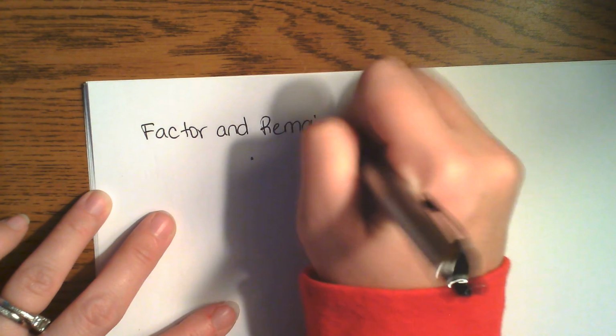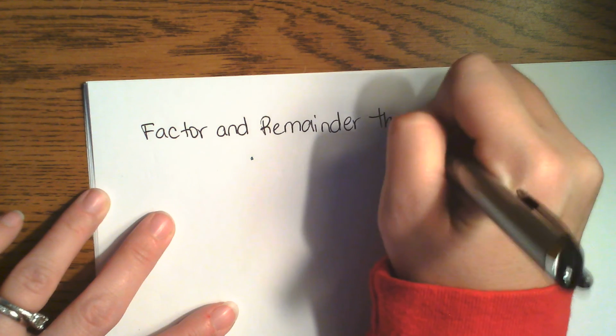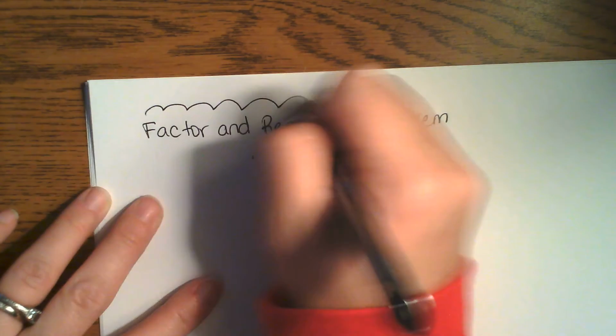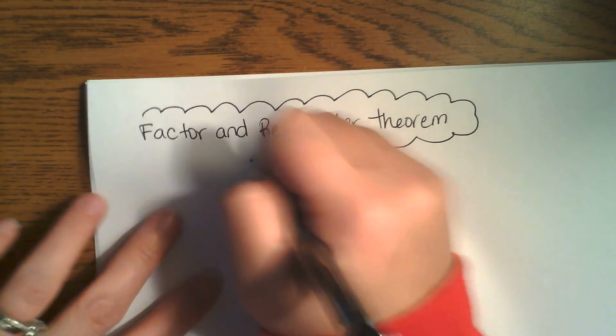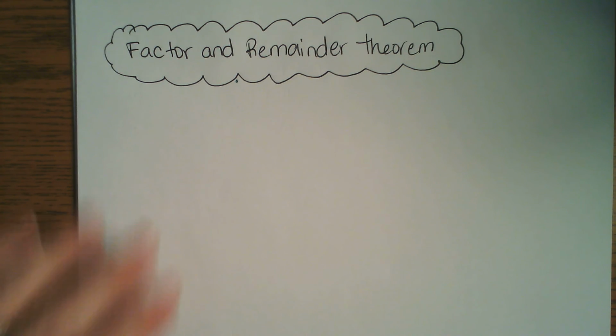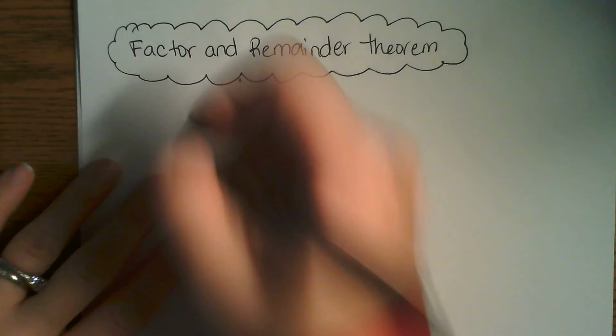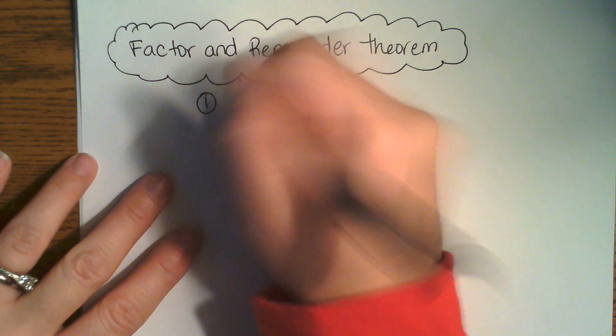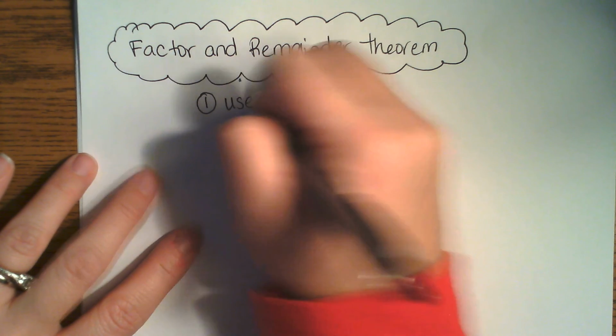You're welcome. All right, the last thing that we saw was the factor and remainder theorem. And this is where you had several steps that you had to take. So step one was to use synthetic division.